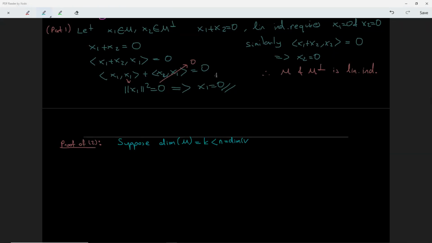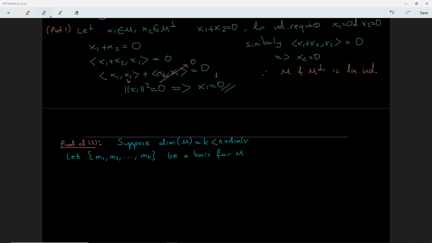So let m1, m2, up to mk be a basis for M.